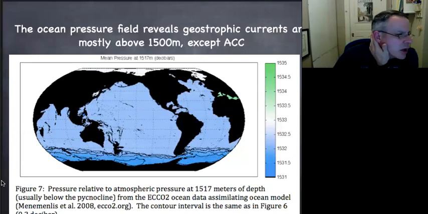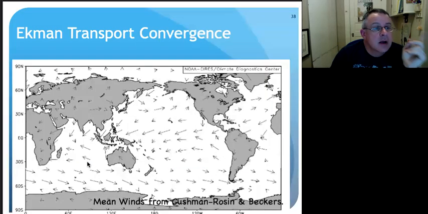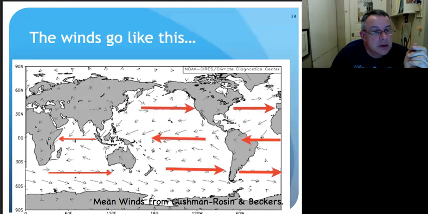Is there a relationship between those convergences and divergences and high pressures and low pressures? Let's see. Here's the mean winds again. Here's the even simpler mean winds in the red arrows.